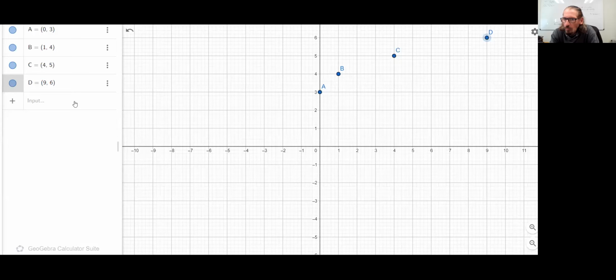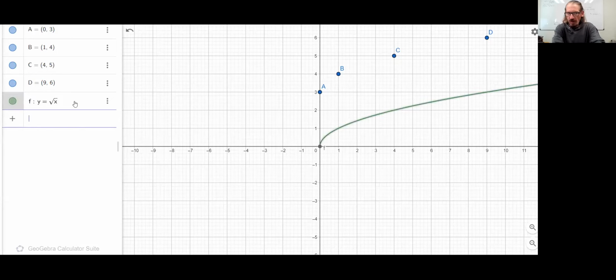All right, so here are the 4 points that I said I would plot. In fact, I'll let you see that I'm on a site that actually lets me type in the formulas. That's what we originally graphed.